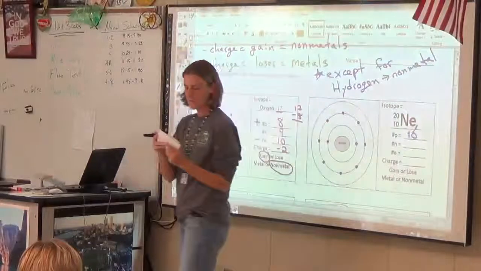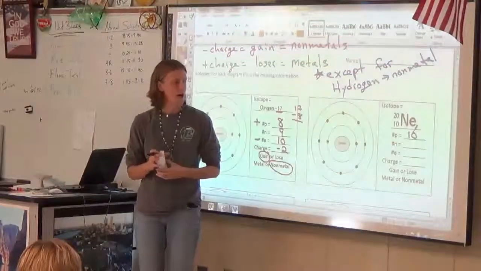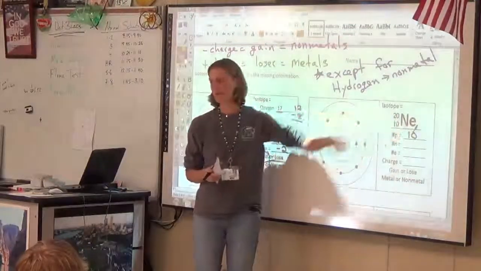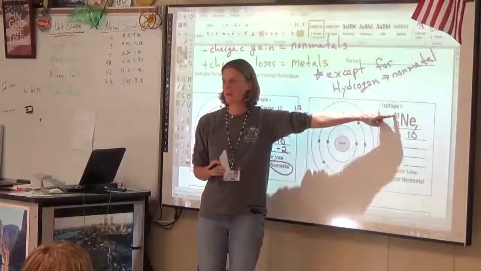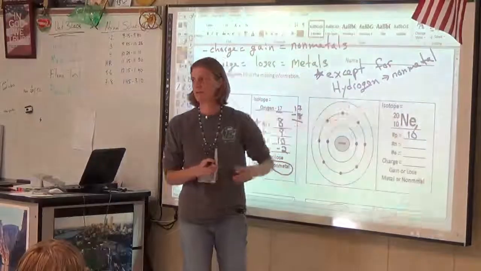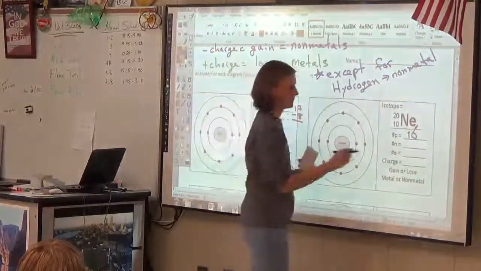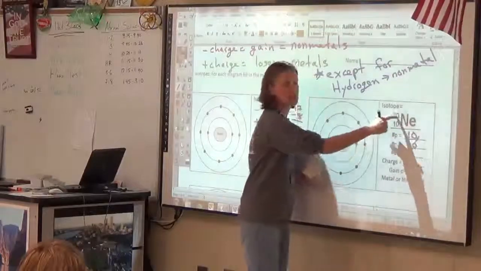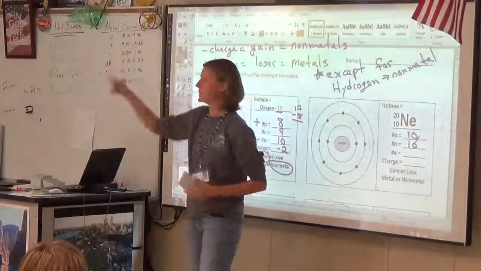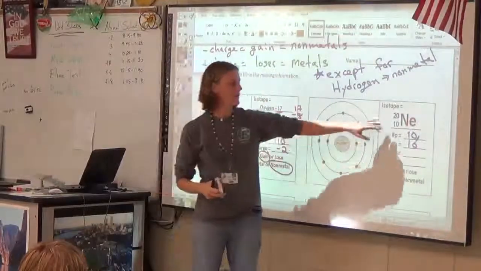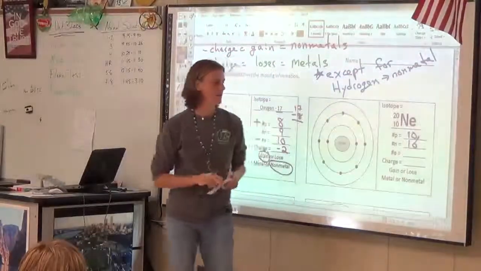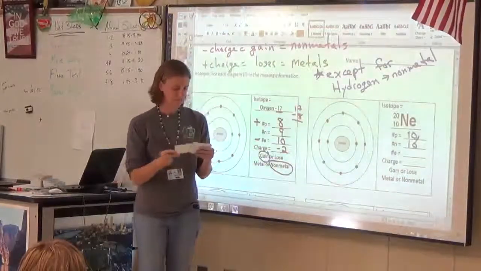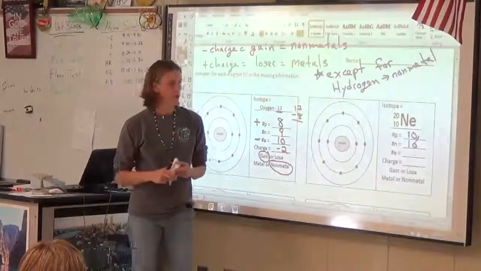How many neutrons in this isotope of neon? The top number is the mass, so you do 20 minus 10. So, 10. Now this actually is the same as the periodic table, doesn't mean it has to be, but this is the most common isotope of neon. All right, and then we're down to electrons.